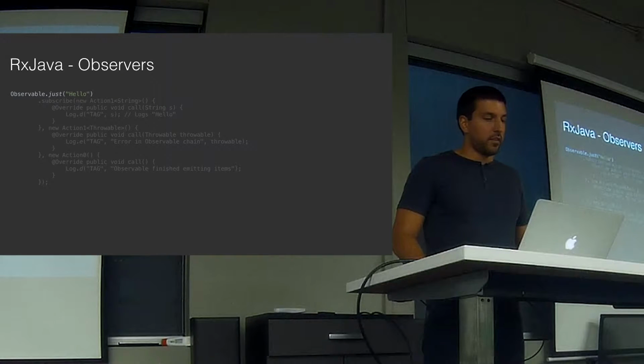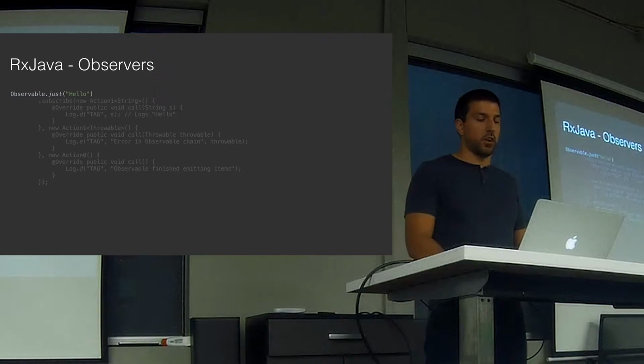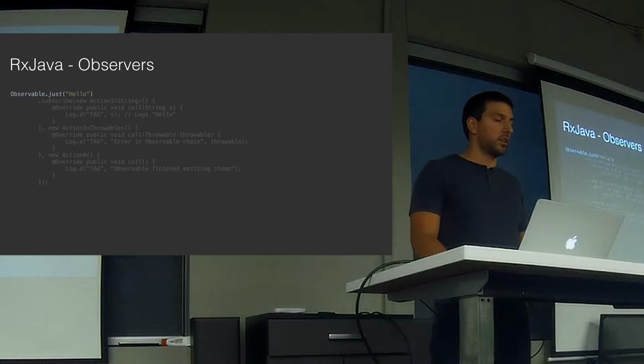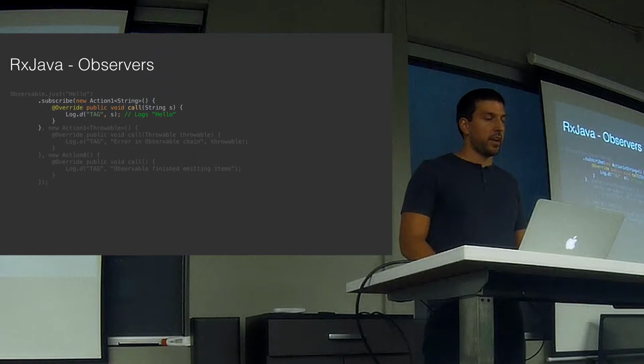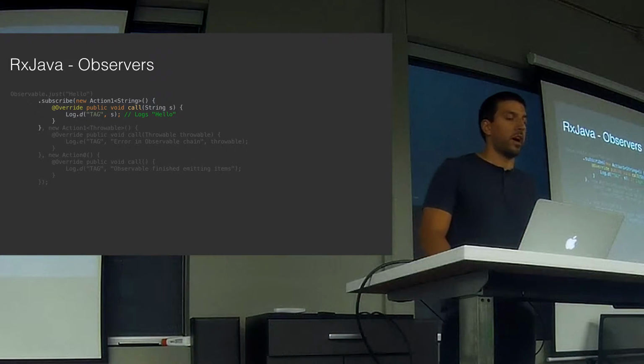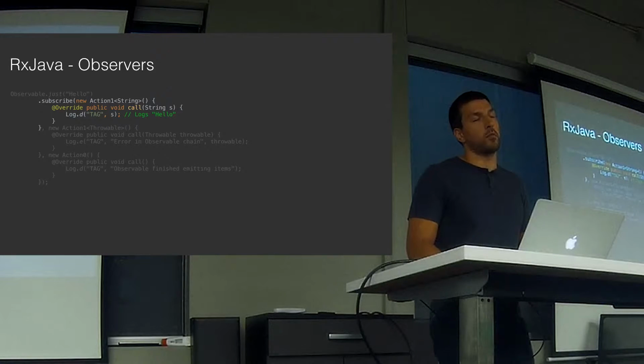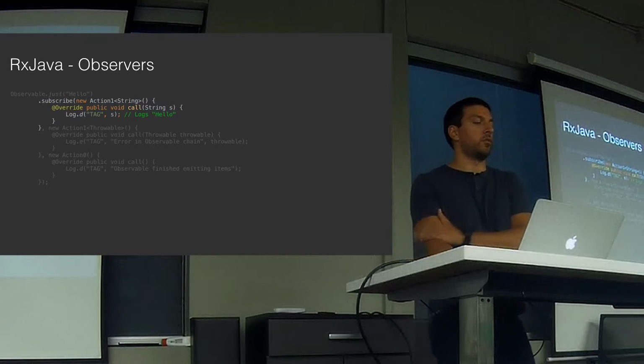So the simplest case for RxJava is just emitting one item, and they have a static creation method for that called just. So here we are emitting a string with the value hello, and to subscribe to that, we pass in a subscriber, which again has three methods. If you don't have a subscriber to pass in, you implement those three methods.